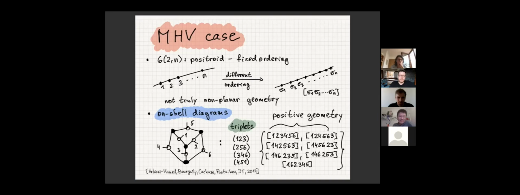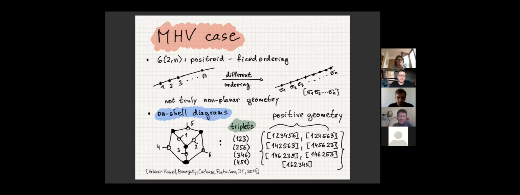We can always reorder and get a different positive Grassmannian with a different ordering. It's obvious from the geometry of points on a line that if you take all different orderings, you just get all possible configurations of endpoints on a line. So these different positive Grassmannians, G plus 2N, completely tile the general Grassmannian G2N. Just from this picture, it is clear.